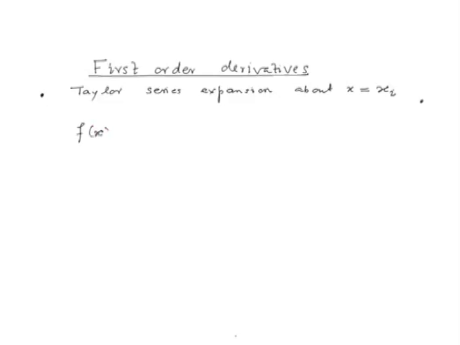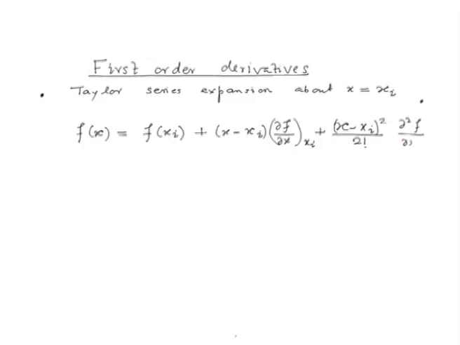At a point x in the neighborhood of our grid point xi, the function value can be expressed in terms of the function value at the grid point i, that is f of xi, plus (x minus xi) del f over del x at point xi, plus (x minus xi) squared divided by 2 factorial times the second derivative of f at point xi, plus (x minus xi) cubed divided by 3 factorial times the third derivative, plus so on.